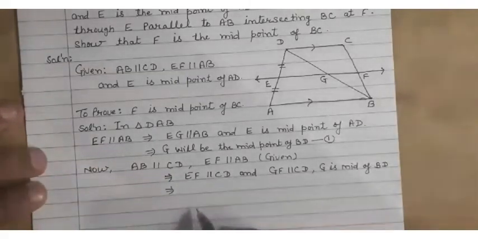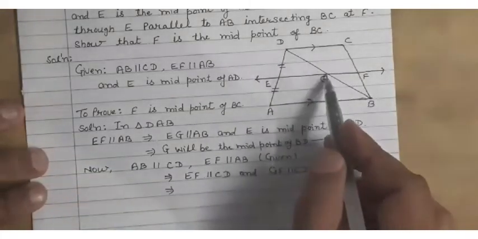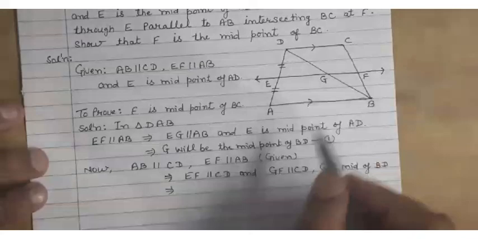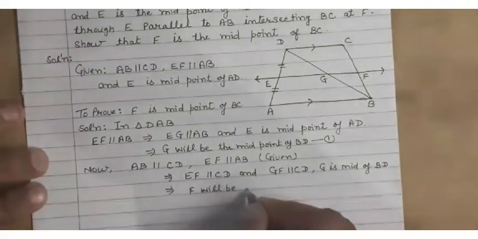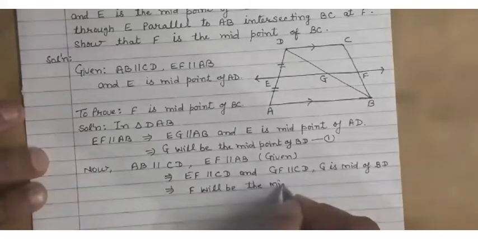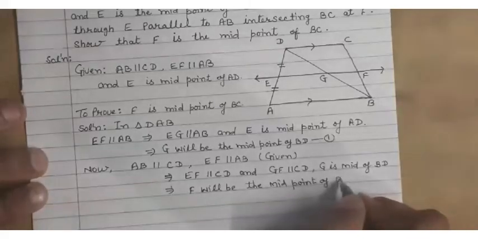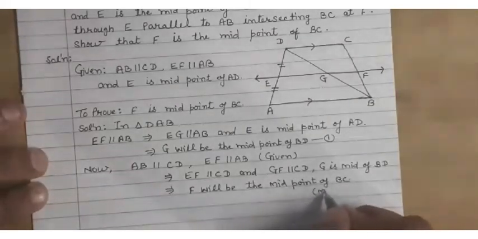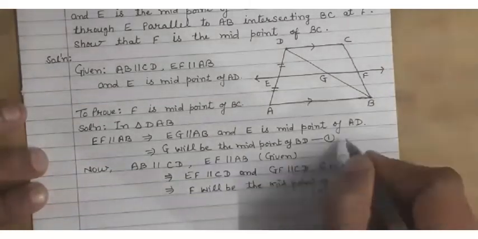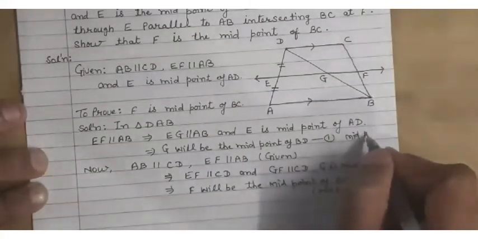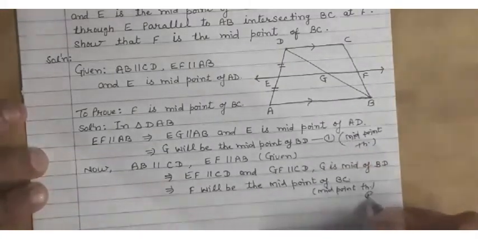Then by midpoint theorem, this line is parallel to CD, G is midpoint of BD, so definitely F will be the midpoint of BC, by midpoint theorem. This is your answer.